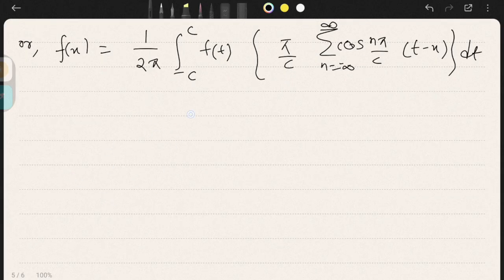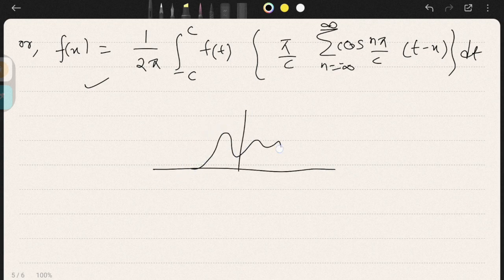So what is this actually? This is the expression of a function which is not periodic. Let's say a function like this, any signal, let's say voltage, with time running from minus infinity to infinity. We want to expand this function in terms of cosine and sine.